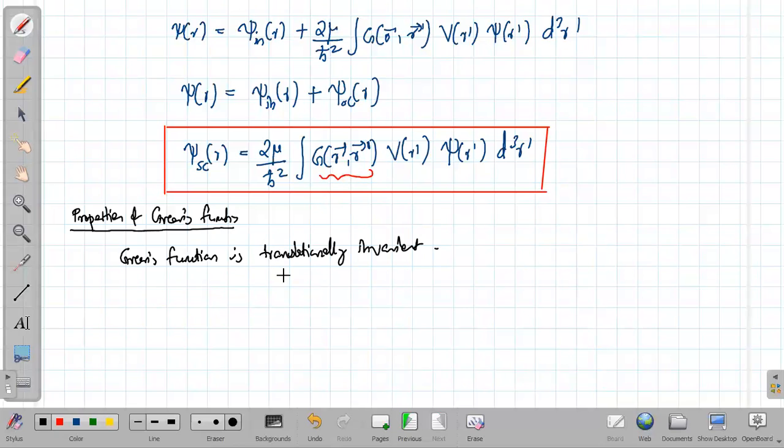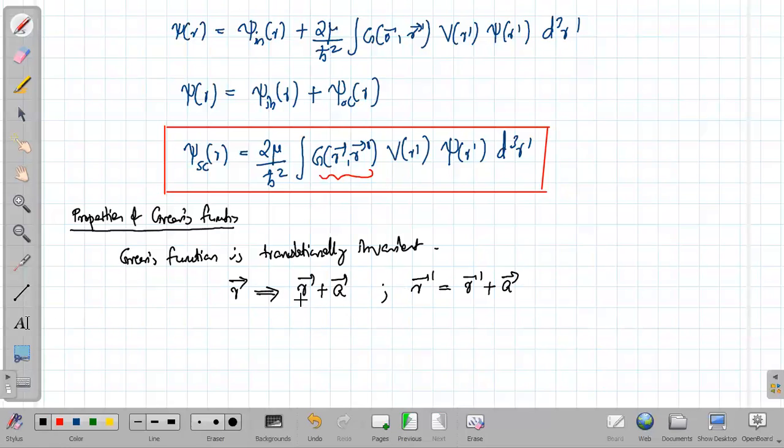Suppose you already have a vector r. Now if you change this vector r to r plus a, and we have vector r prime, and we change this vector by the same amount, r prime plus a. That is, we are changing the vector by an equal amount.